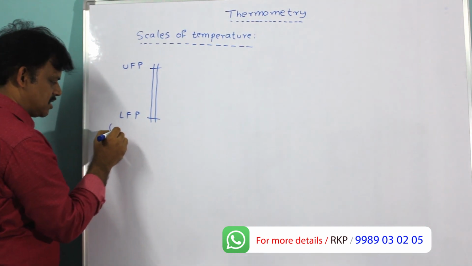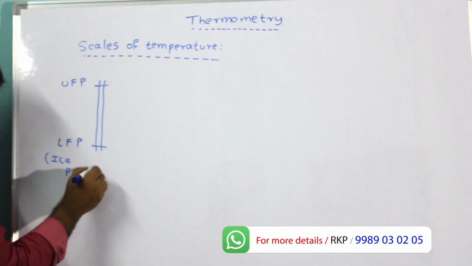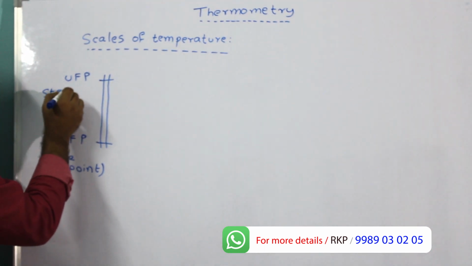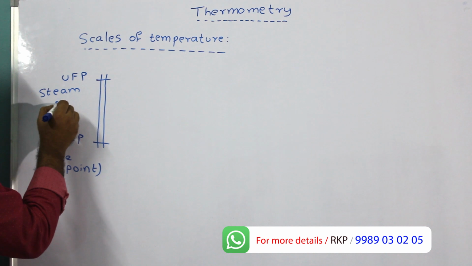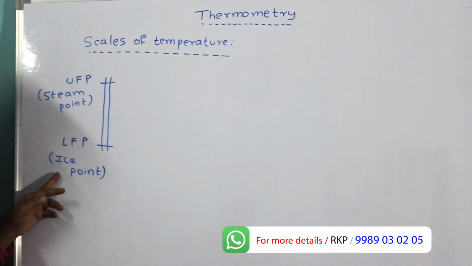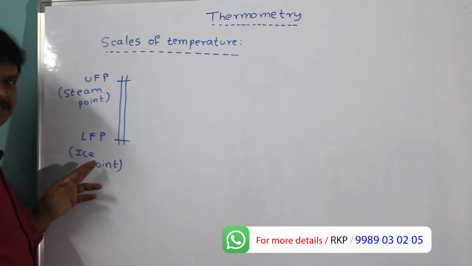Lower fixed point is also called the ice point. Upper fixed point is also called the steam point. What is the definition of these 2 points? Ice point is the temperature at which ice melts.